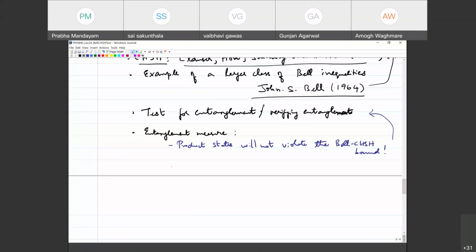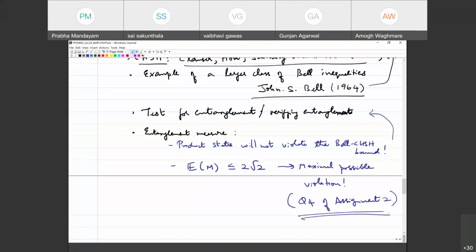Okay. So that's why this is a test for entanglement. Second, the fact that the expectation of M is 2 root 2 is in fact the maximal possible violation. And this is question 4 of assignment 2, where you will show that if you assume qubits, for example, then you cannot have a violation which goes beyond 2 root 2.